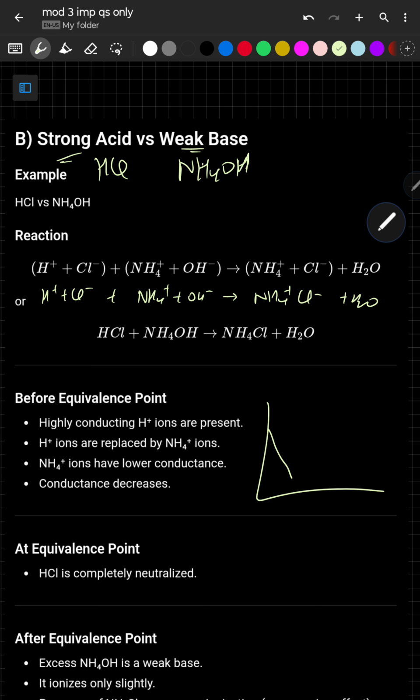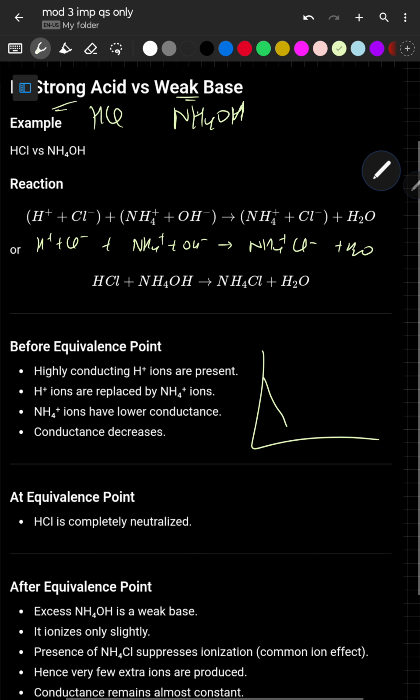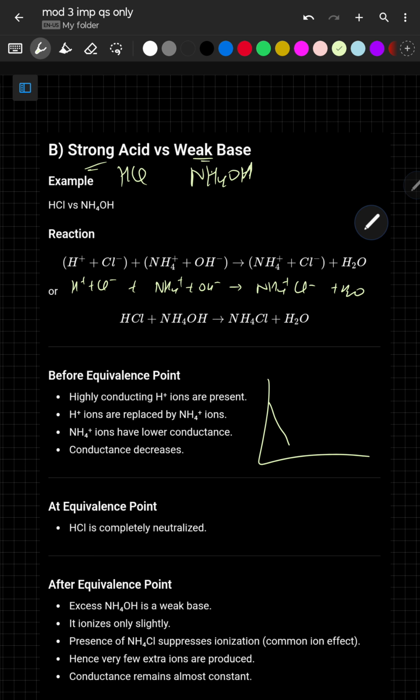At equivalence point, the HCl is completely neutralized. After equivalence point, what is happening? You are going on adding NH4OH, but it is a weak base. It ionizes only slightly. NH4Cl is there, right? It suppresses the ionization. That one point you should remember.